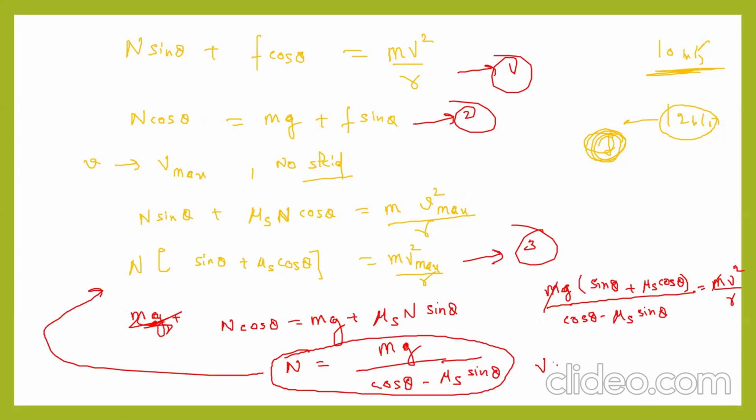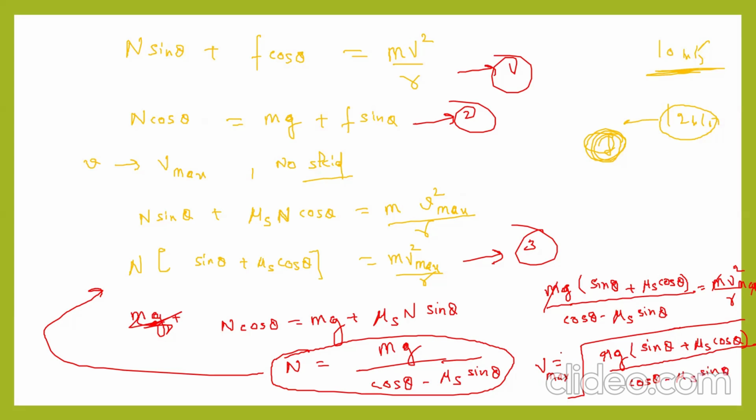So v square will be under root, it is the maximum velocity, the same expression written in our NCERT. So the previous equation is without friction and this equation is with friction, sir? Yeah, this is with friction. Under root rg tan theta is without friction. This is the maximum velocity you can go: cos theta minus mu s sin theta.